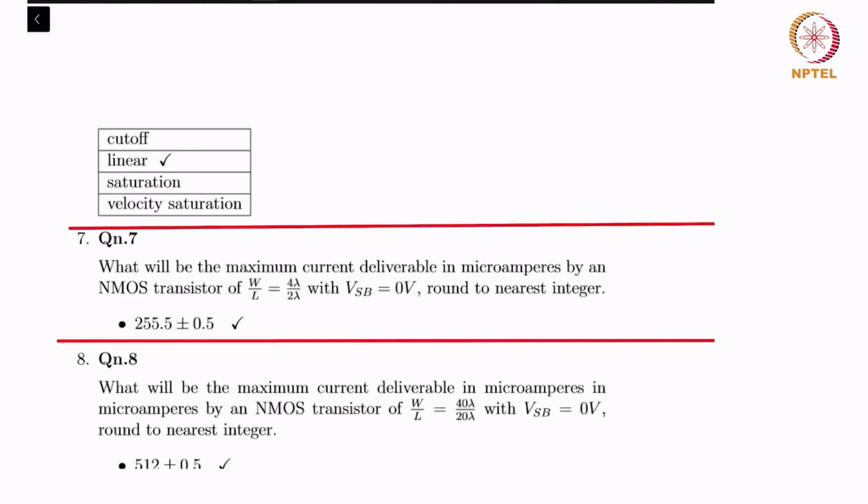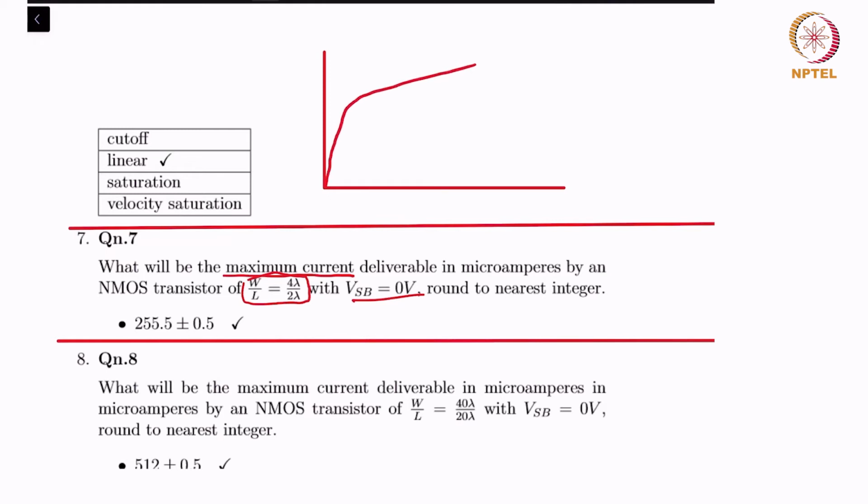So in question number 7, we are asked to find what the maximum current deliverable by the NMOS transistor of size W by L, 4 lambda by 2 lambda, and VSB equal to 0 volt is. We know that for a short channel transistor, the ID-VDS curve looks like this.